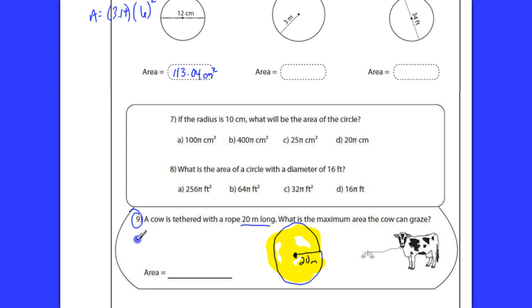In this case, the area would equal pi, which is 3.14, times the radius, 20 squared. So 20 squared, I believe that's going to come out to 400. Multiply that by 3.14, and that actually works out to be 1,256 meters squared. And there it is.